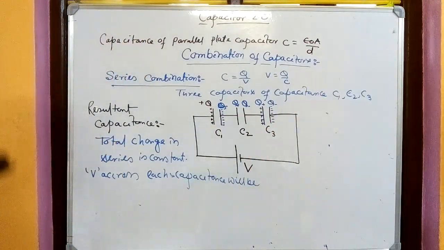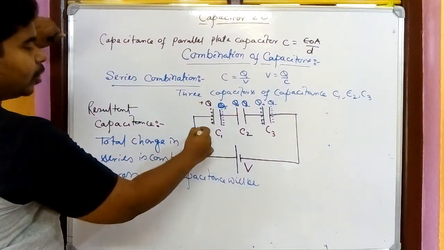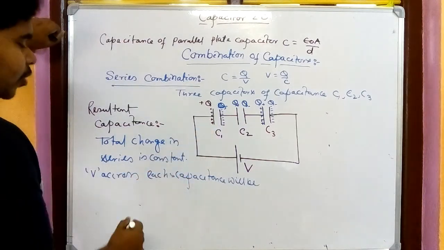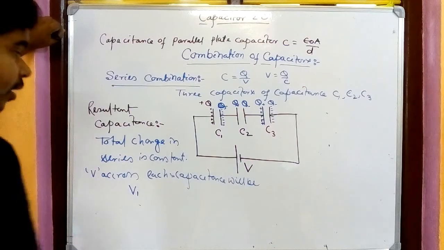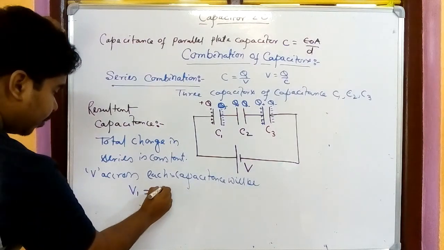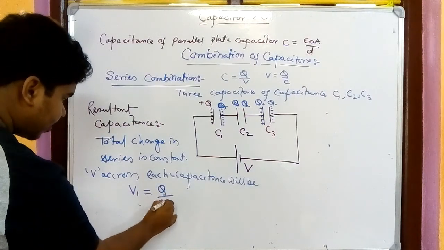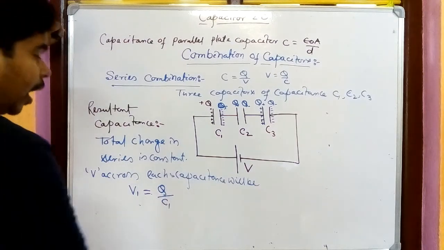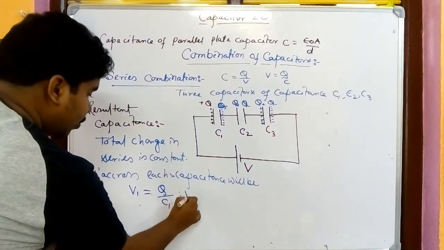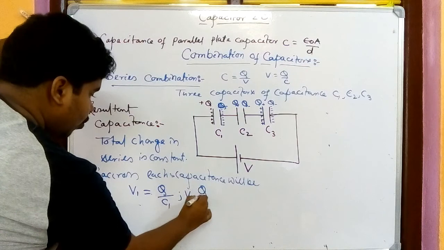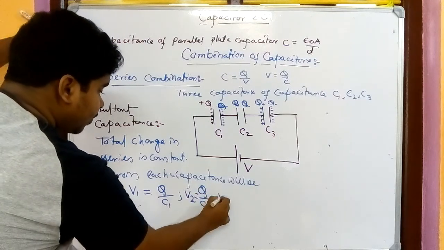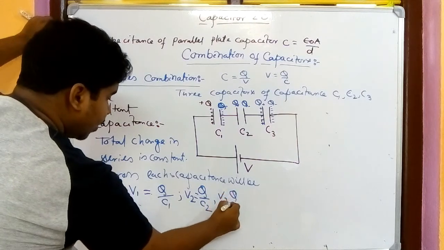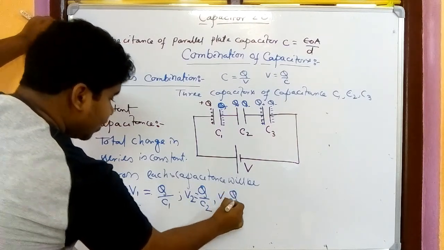So the potential V1 across C1 should be Q by C1. Across C2 it is Q by C2. Across C3 it is Q by C3.